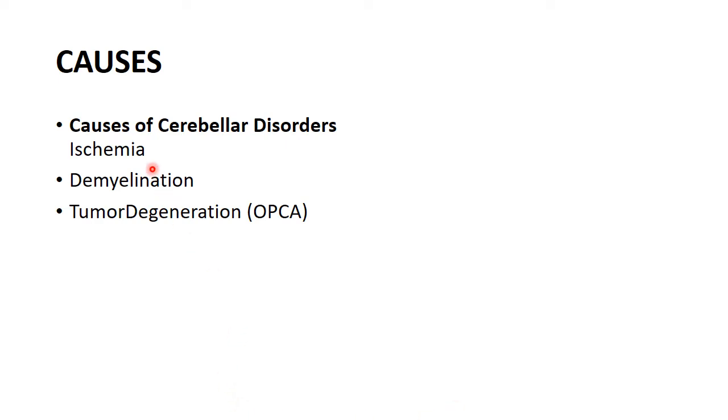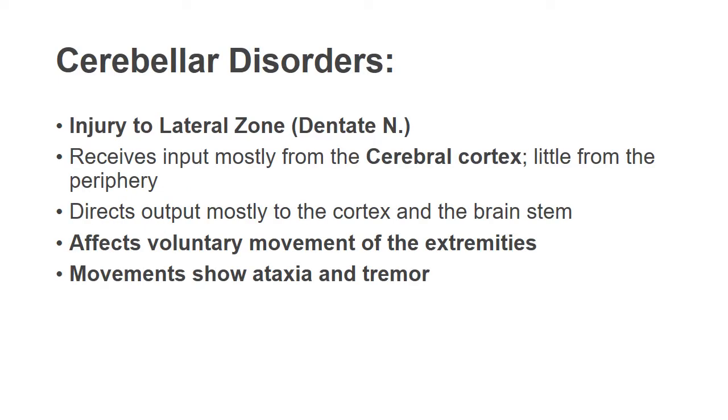Mainly ischemia, demyelination, and tumor. We can summarize that whenever there is a cerebellar disorder and injury to the lateral zone, it will affect voluntary movements because it is very well connected to the cerebral cortex.